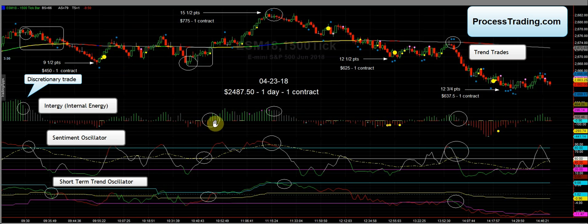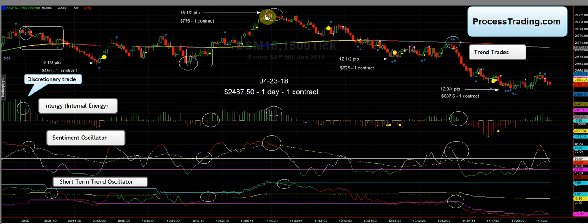It turned green, or positive energy, when the sentiment turned up, the momentum turned up, the short-term trend turned up, and the long-term trend turned up. So now anywhere in this rectangle, on any one of these bars, you could have taken the trade to the upside. Had you got in at the low and ridden it up to the high, that would have been 15.5 points or $775 for one contract.